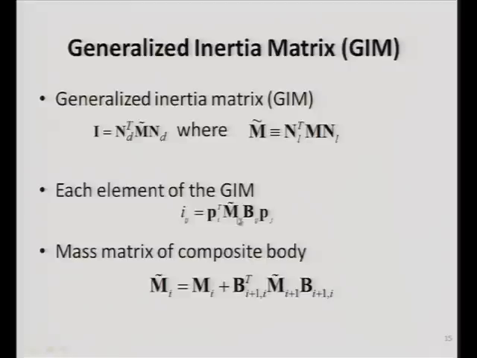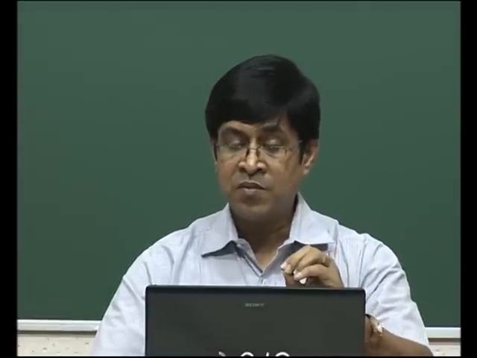And this tilde matrix sitting here, which we call the composite mass matrix, can actually be calculated recursively by knowing the previous information, right. Details will take a little time for you; just try to get the physics at this moment. There are some numerical examples in the book, but I will show you 1 degree of freedom and 2 degree of freedom to give you some feeling.